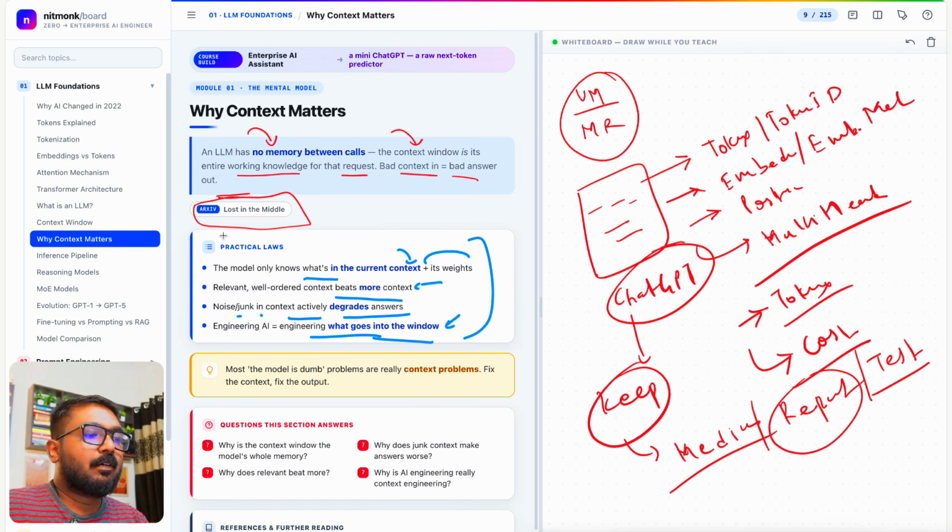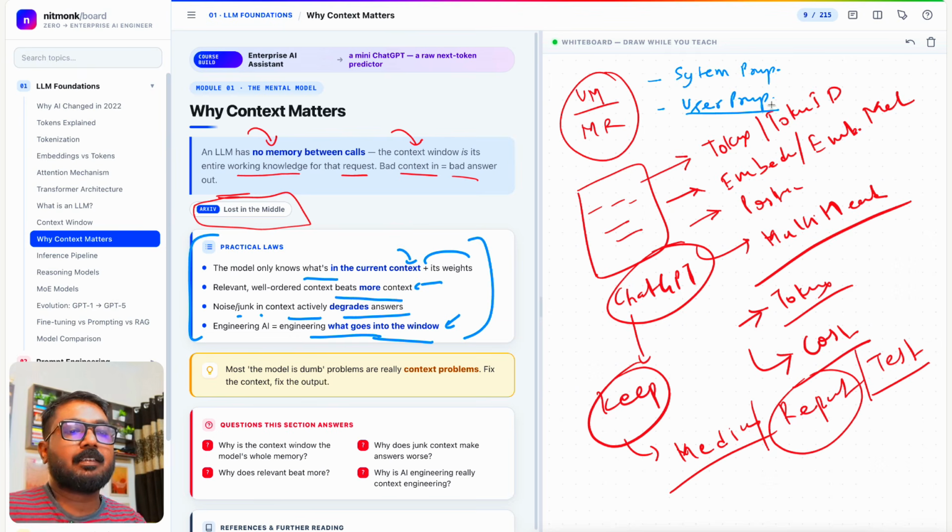This is what we have to make sure of when we build agents, and when we define the system prompt that goes to the LLM. We try to understand the user prompt, correct?